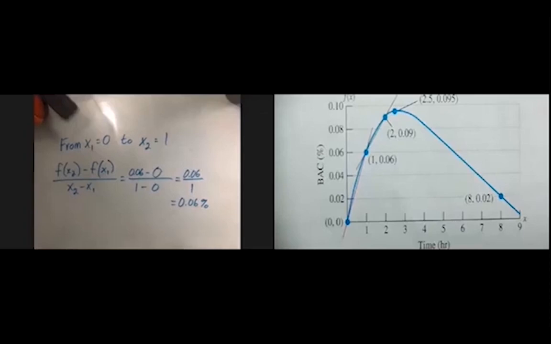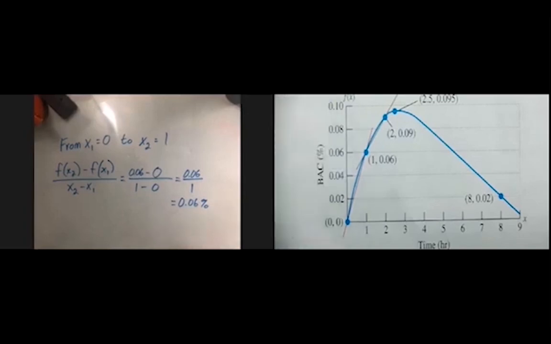What does this mean? It means during the first hour, from t equals 0 to 1 hour, the blood alcohol concentration rose by an average of 0.06% per hour.